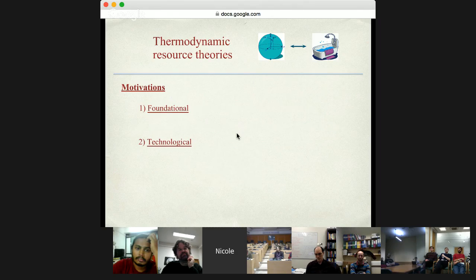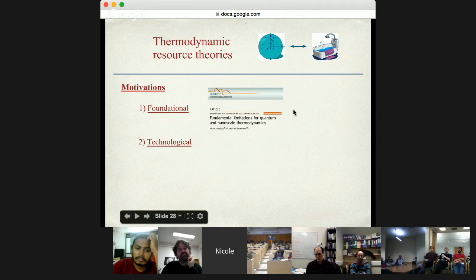There are a few reasons for thinking about thermodynamic resource theories. This is the cover of one of the papers that I presented on the last slide. Notice that the title contains the words fundamental limitations. These models, resource theories, are very simple models. We assume that the agent has an awful lot of control.